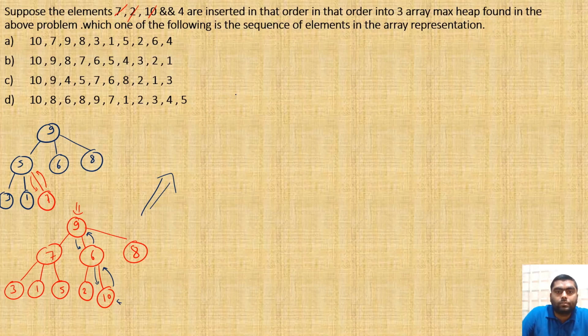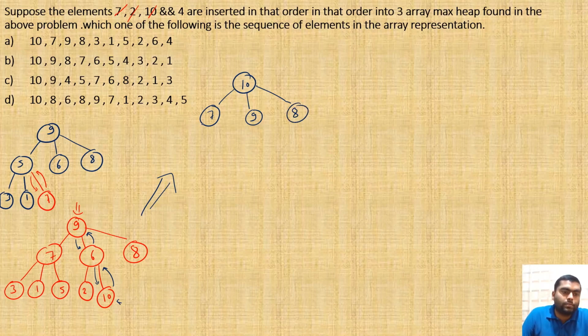Finally, after this the resulting tree has 10 at the root, left is the same 7, right must be 9, and rightmost is 8.